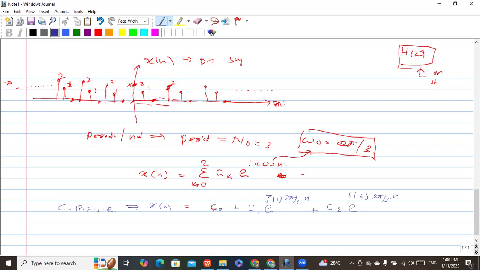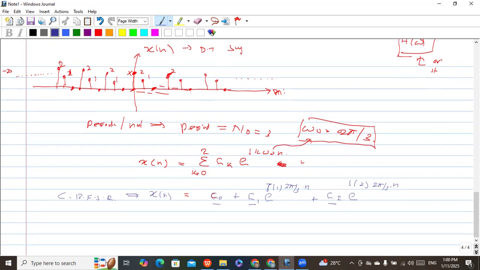Now you need to find these Fourier series coefficients. You have to find 3 Fourier series coefficients.